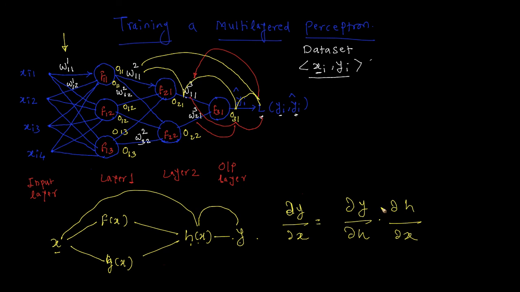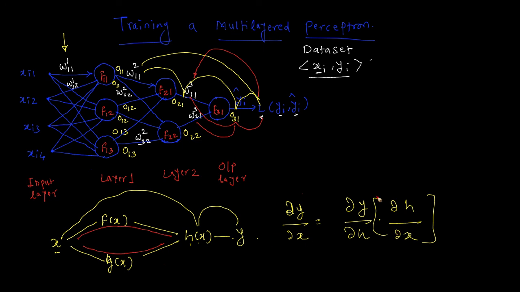Now how to compute this dh/dx? You see, we have two paths coming to this. This is the first path coming from x to h, and this is the second path coming here, and both are parallel paths. When we have parallel paths, I take the derivative of this path plus the derivative of this path.